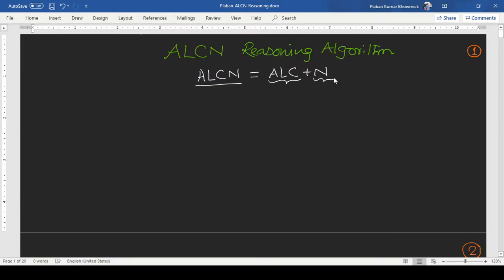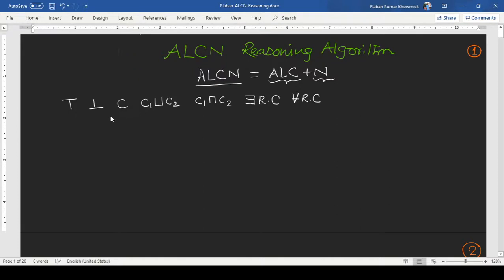And what are the concept expressions that are allowed in this language? Of course, we have the top concept, the bottom concept, the atomic concept, the union of two concepts, intersection of two concepts, existential restriction, then value restriction.